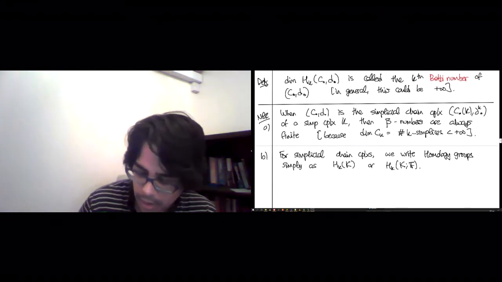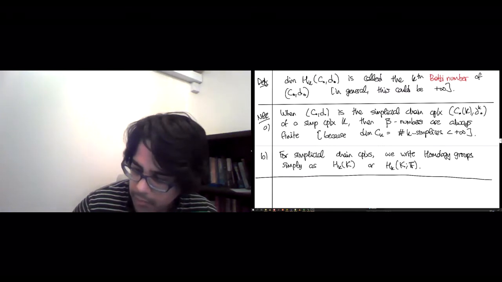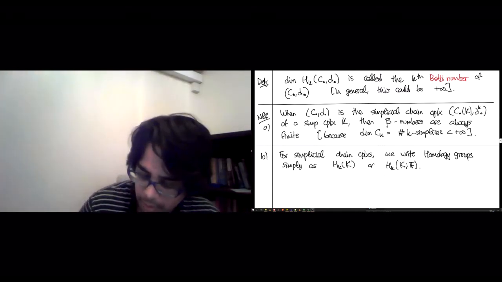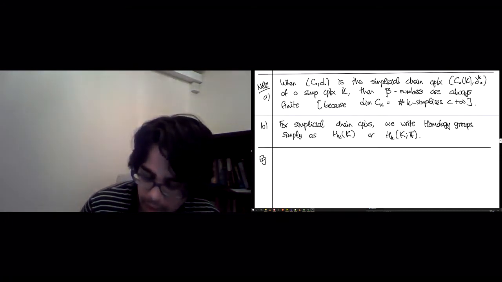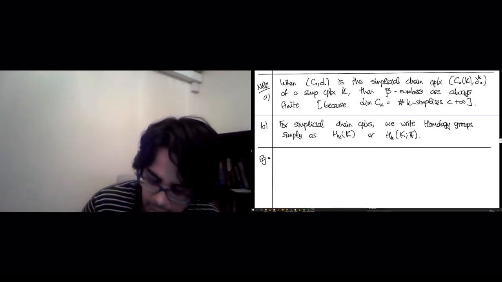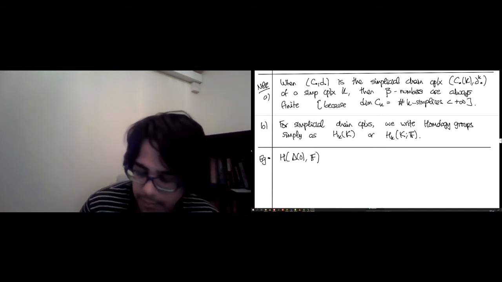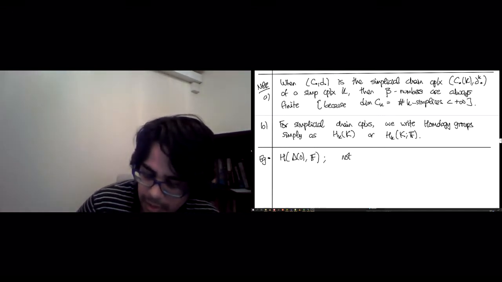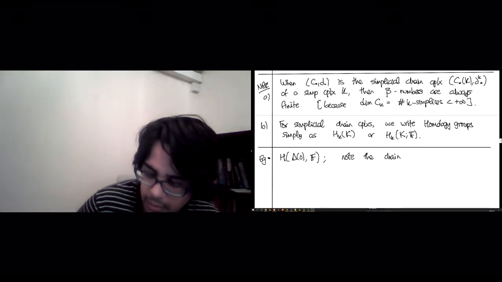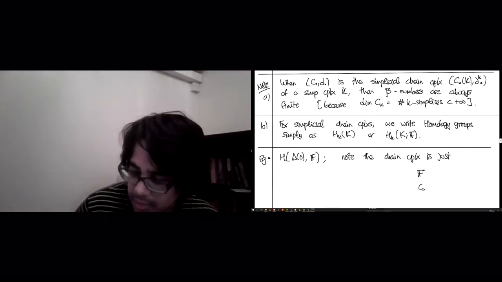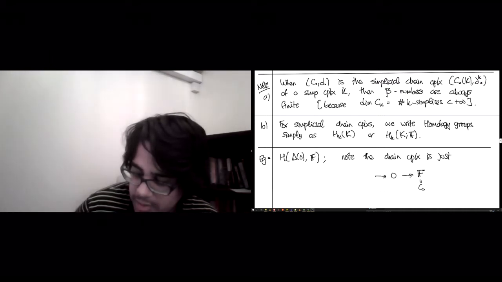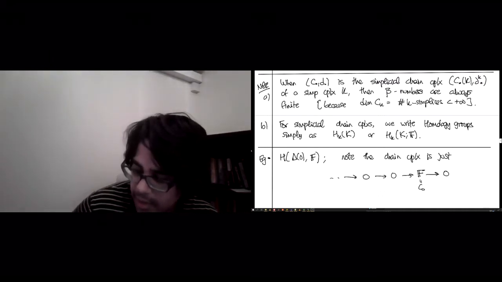Okay, so maybe we should see a few examples of computing homology. So the simplest example is the homology of the solid zero simplex with coefficients in any field. So note that the chain complex is just, well, what do you have? You have a single zero-dimensional simplex, so that's the chain group in degree zero, and you have no other simplices at all. There's nothing there.